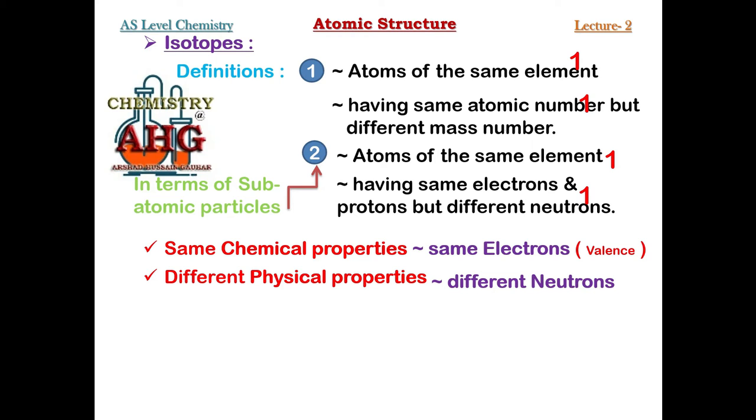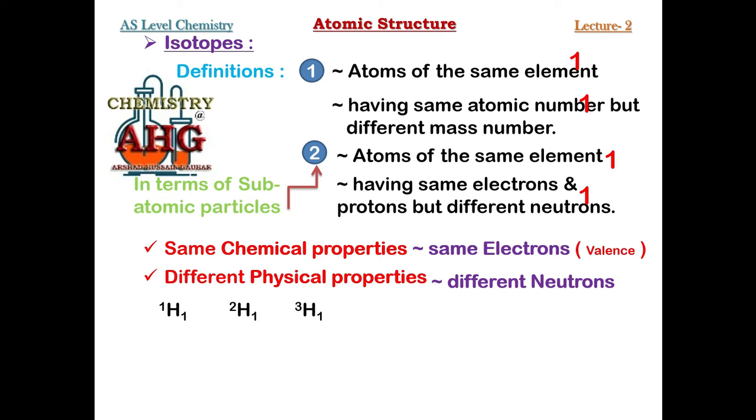With respect to subatomic particles, you are supposed to write down the answer for why chemical properties are same but physical properties are different. Now let's take the example of isotopes of hydrogen, and I will explain how chemical properties are same but physical properties are different for different isotopes of the same element. Hydrogen has three common isotopes. One is H1, which is known as protium.